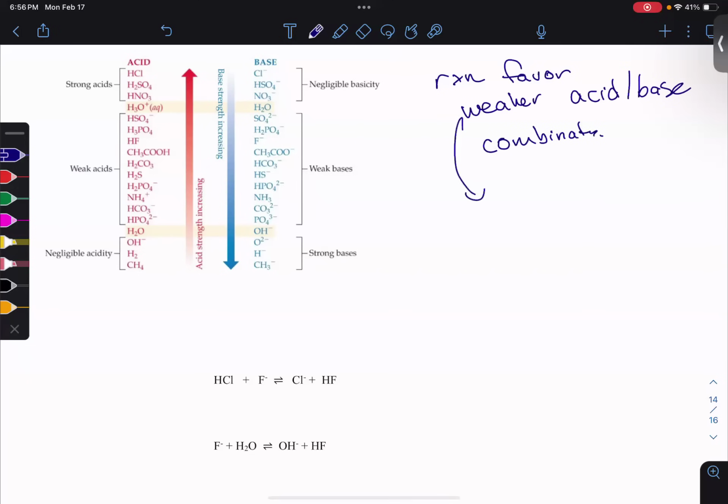The reason is that weaker acids and bases are more stable, energetically. So what we want to notice here is that we have HCl reacting with F-. One of these is an acid, one is a base. On the other side, we have the conjugate acid and conjugate base. So we need to look for those two sets in this table and pick the weaker set.